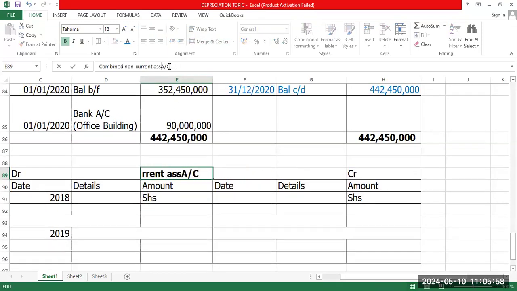Which account are we doing? Combined accumulated depreciation account.